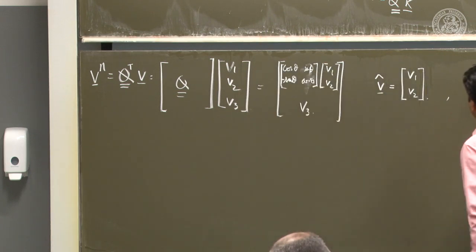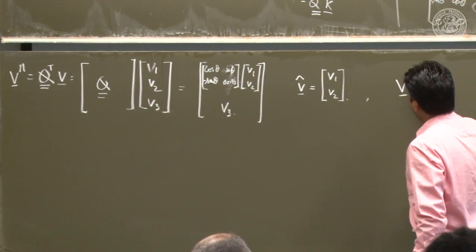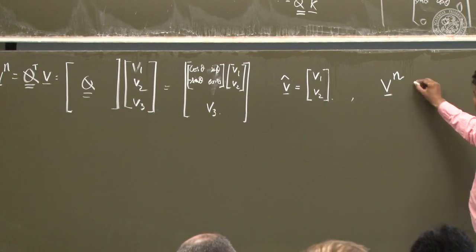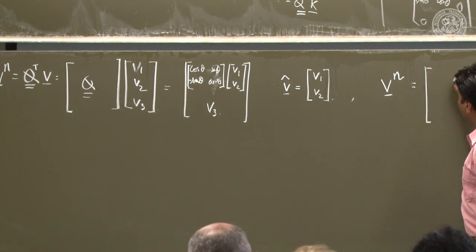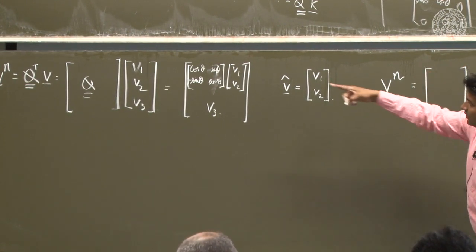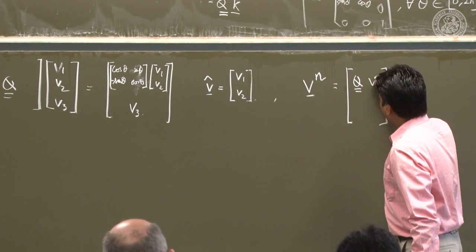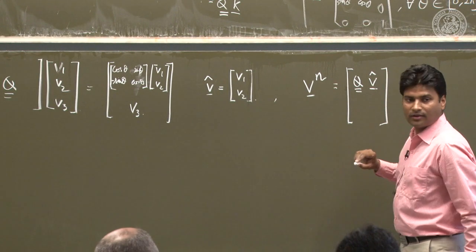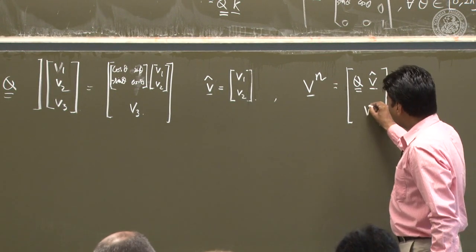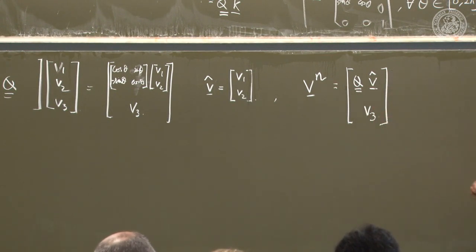Then V nu is equal to the rotation Q on V hat and V3.